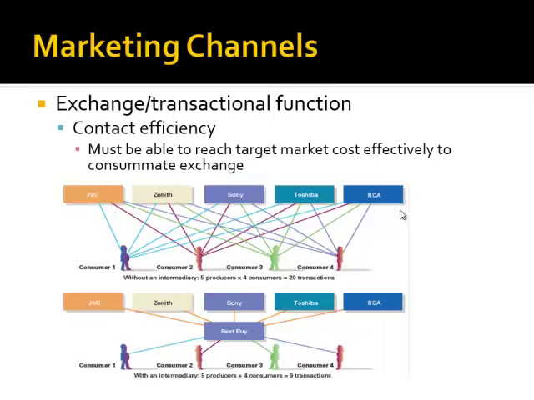For example, electronics companies find it much more efficient for them to sell to large retailers who have many consumers coming to their stores than trying to operate their own stores. They probably wouldn't be able to bring enough people in, as most people would rather go to a location where there are multiple manufacturers to choose from.